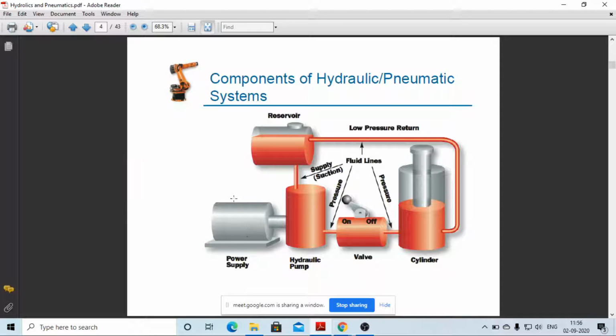So the power supply is not like a voltage supply and current supply. There is one motor at the place of power supply, which is directly connected to the hydraulic pump. In the hydraulic pump, you know very well that different types of pumps are available, and the work of the pump is to convert a simple.